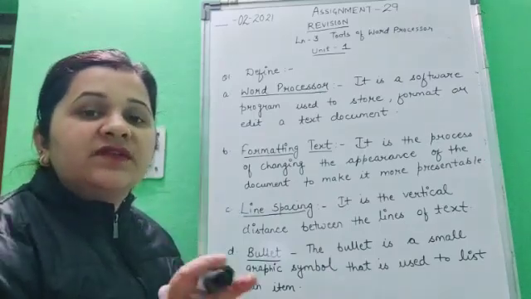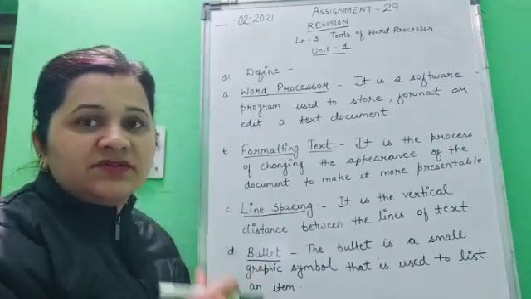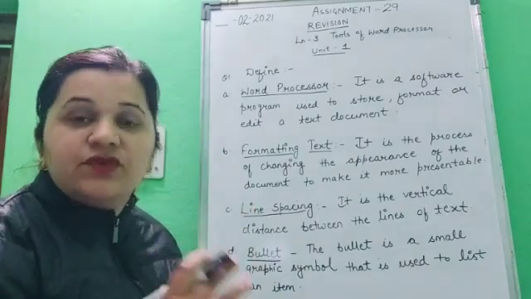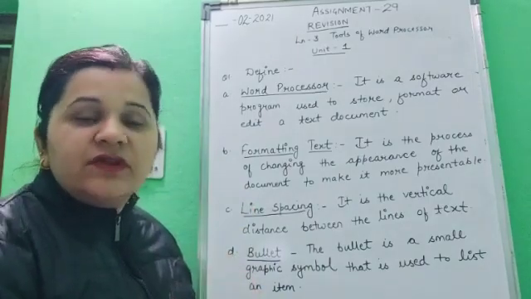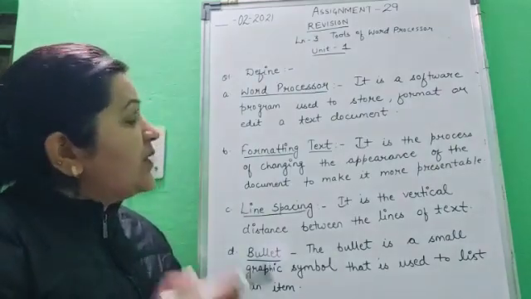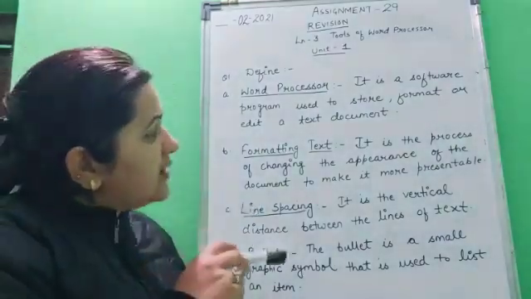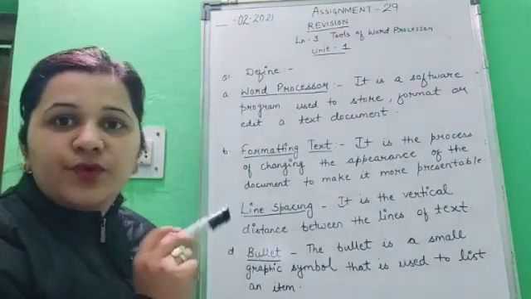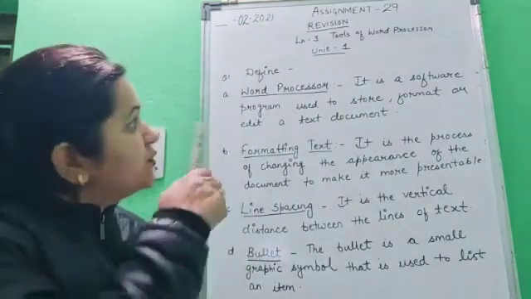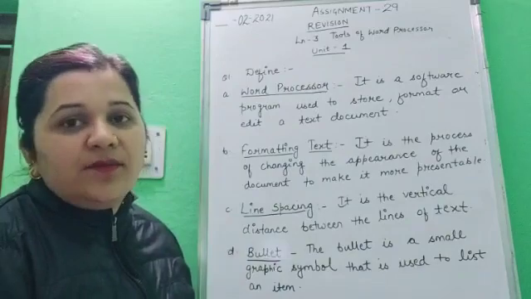But if I ask you to write on the computer screen, you would require some software on which you will type. The software used to write, format or store words or letters is known as a word processor.